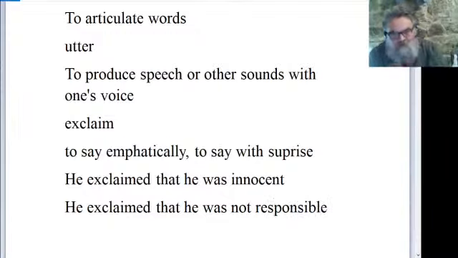Normally when you exclaim, you've got maybe a loud voice and you're adding emphasis to it. What? That can't be true. That's the idea of exclaim.